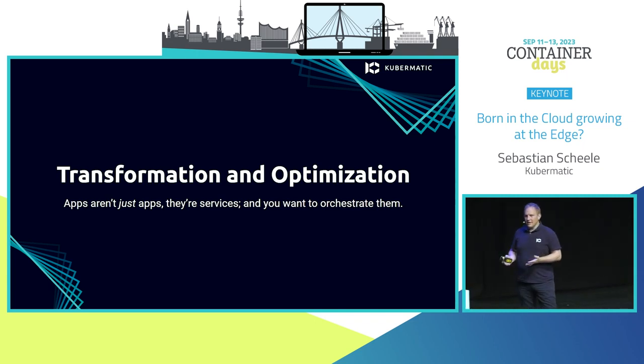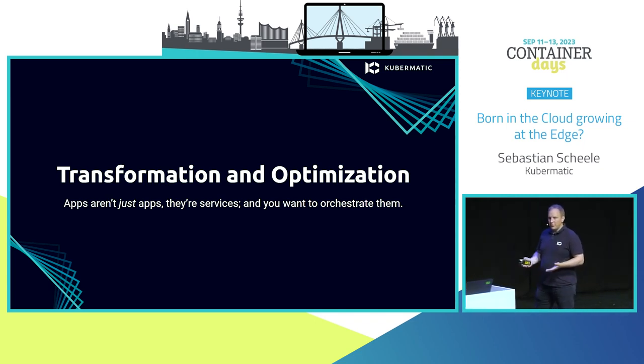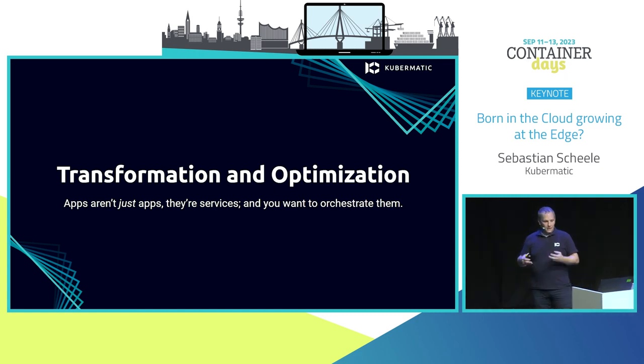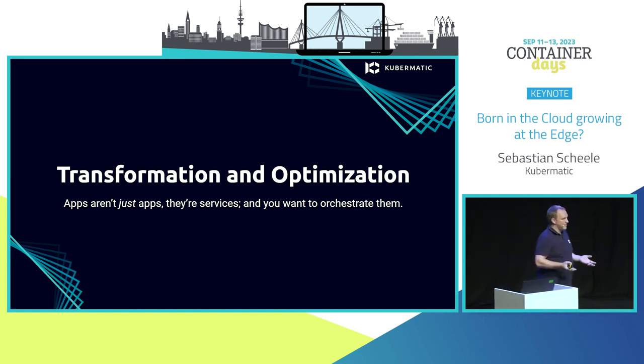So on the one side, what we need to do with the application is transform it from a monolith application into, in the best case, a microservice application, and also optimize it. But we also need to understand apps are not just apps, they are services.